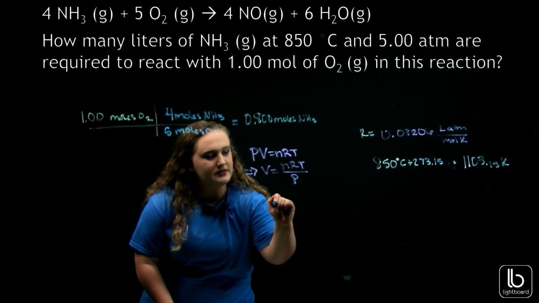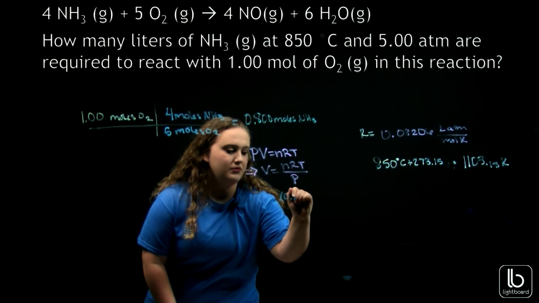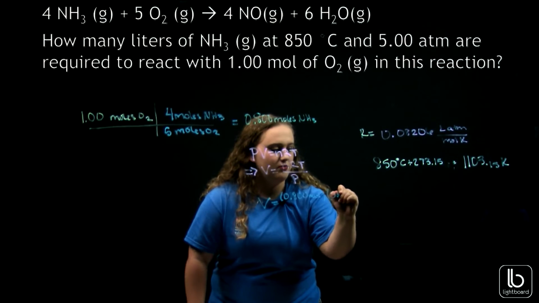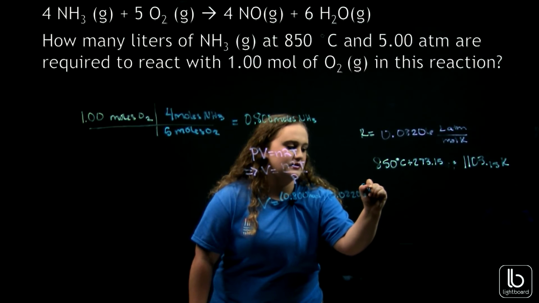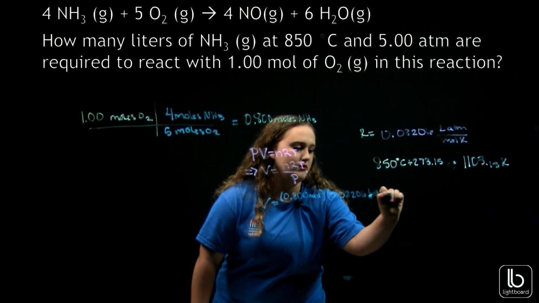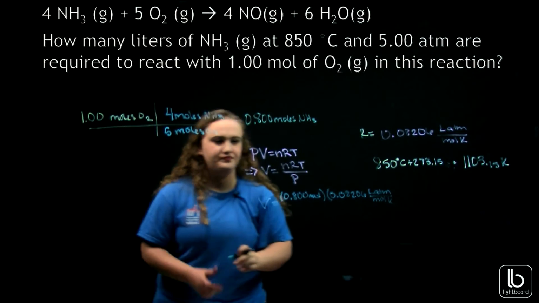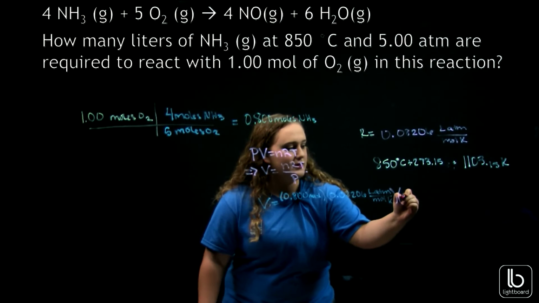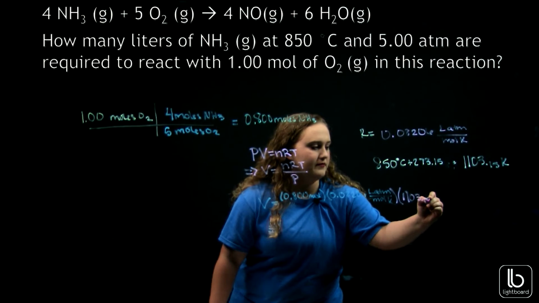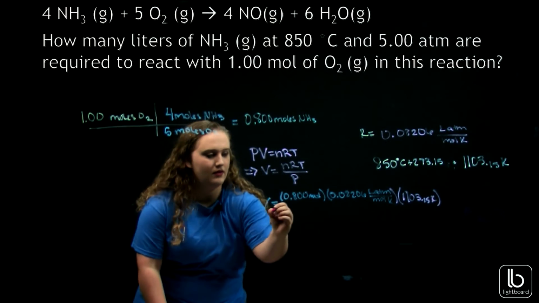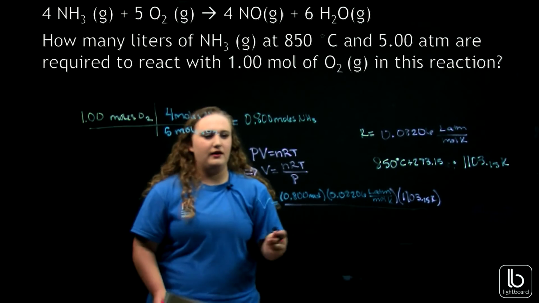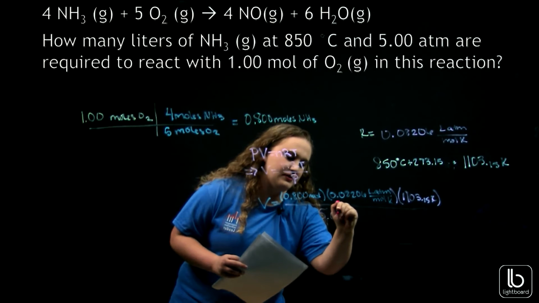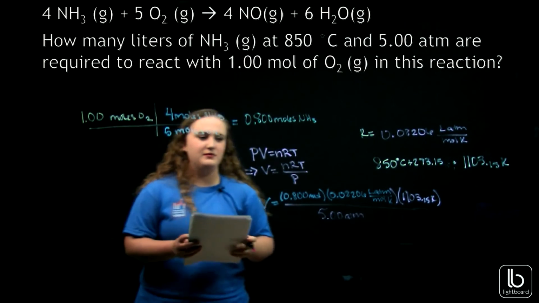So our volume is equal to our moles, which we said was 0.800 moles, times our R value, which is 0.08206 liters atmosphere per mole K, and then our temperature was 1103.15 K, and we're going to divide all of that by our pressure, which is 5.00 atmosphere.